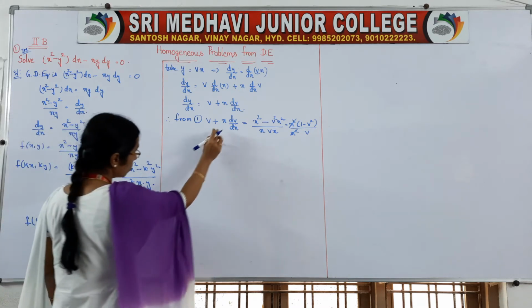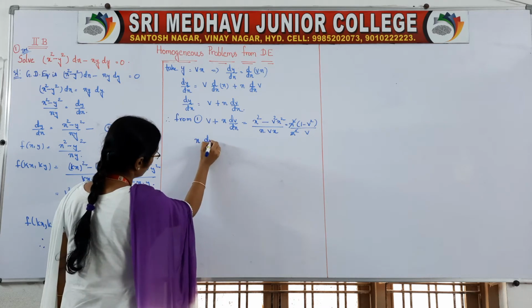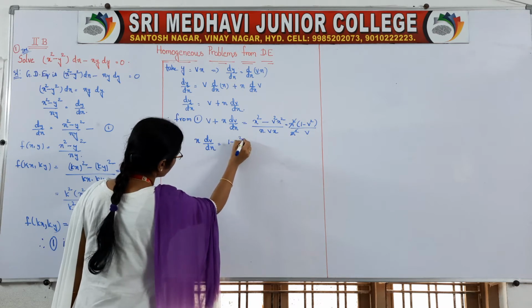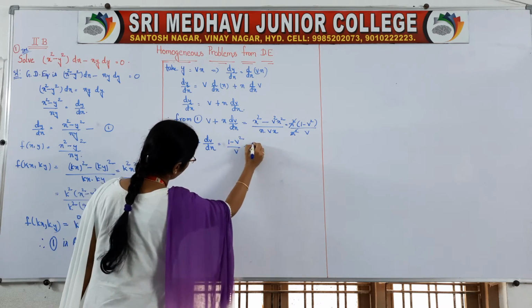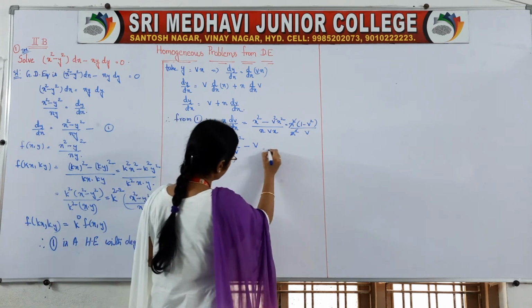Now send this v to that side. So x dv/dx = (1 − v²)/v − v. What is the LCM?